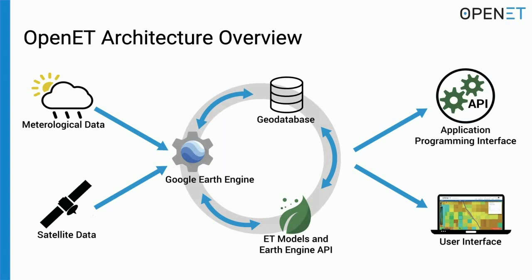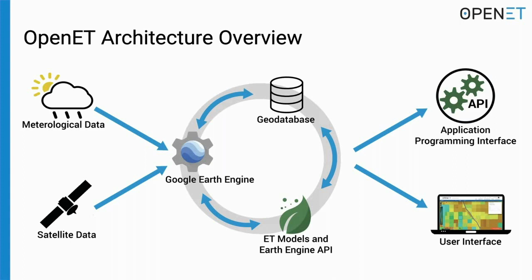At a high level, OpenET is driven entirely with publicly available satellite and meteorological data. That information is brought together on Google Earth Engine, which is a cloud computing platform optimized really for geospatial analysis. And all the models are run there.